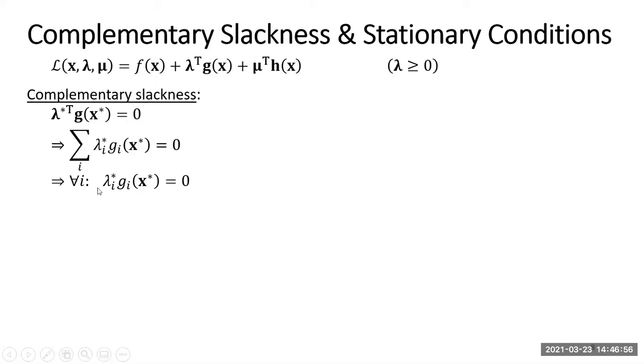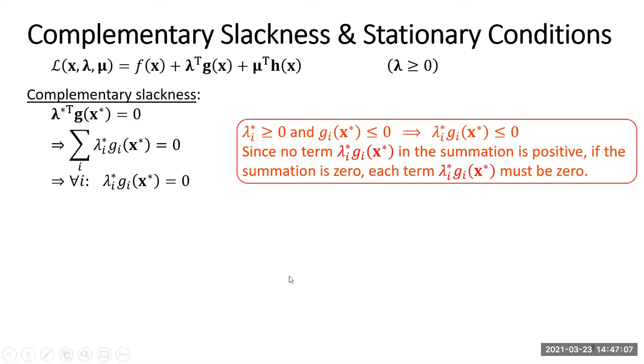So for each i, lambda i star g i of x star must be equal to 0. Correct? Only then will the summation be equal to 0. Since no term in the summation is positive, if the summation is 0, each term must be 0. That's what I said, right? Lambda i star g i of x star is less than or equal to 0. Any questions?